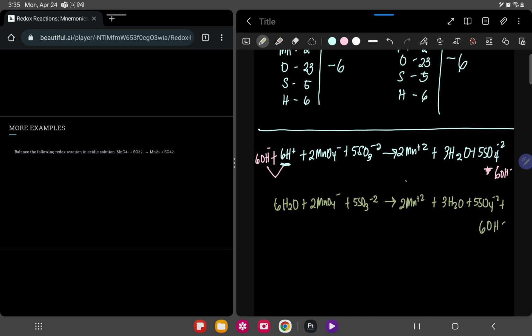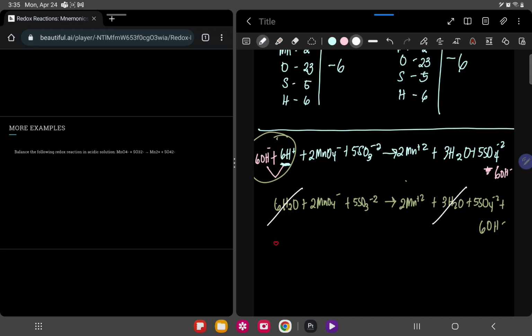Now that we already combined these two, we have to cancel out what we can cancel, like the ones we did before. So we cancel out the water on this side and the water on the other side.